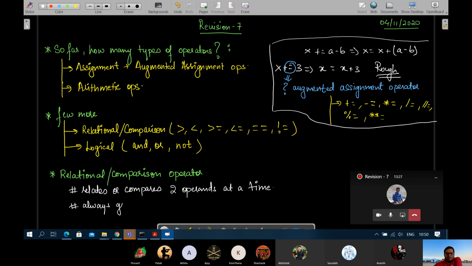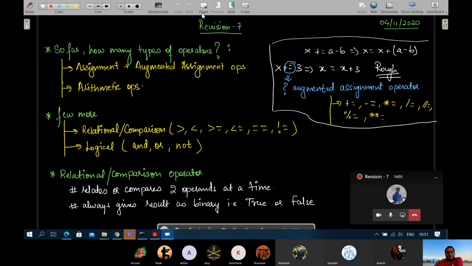It always gives the result as binary, that is either True with capital T or False with capital F.